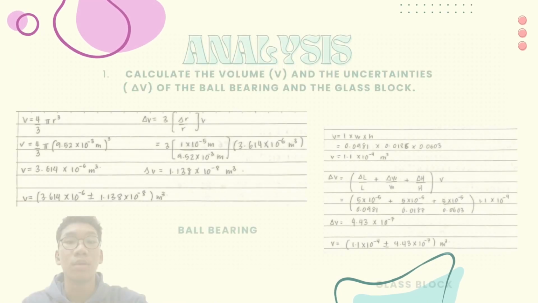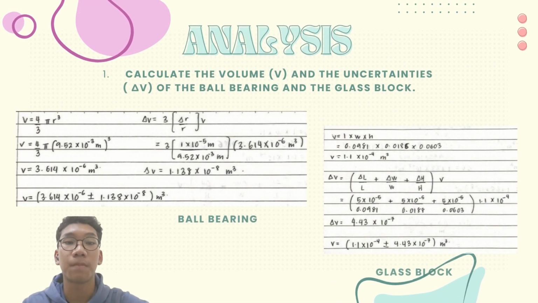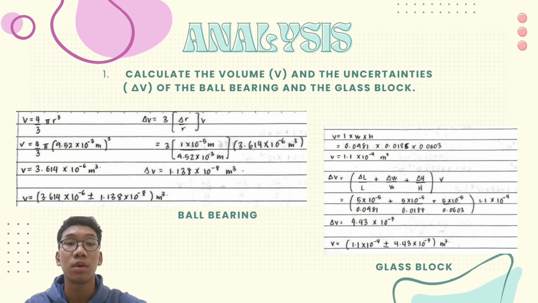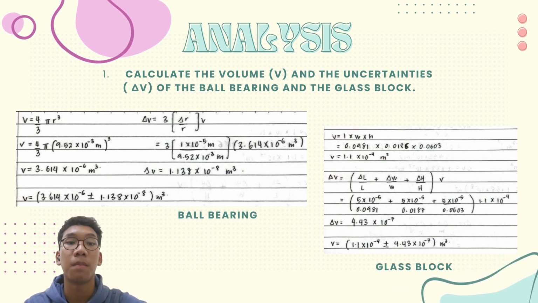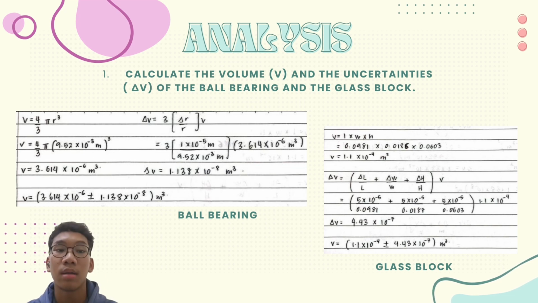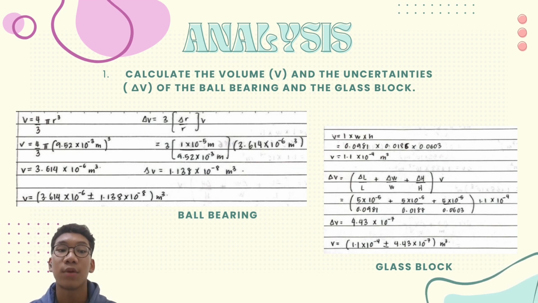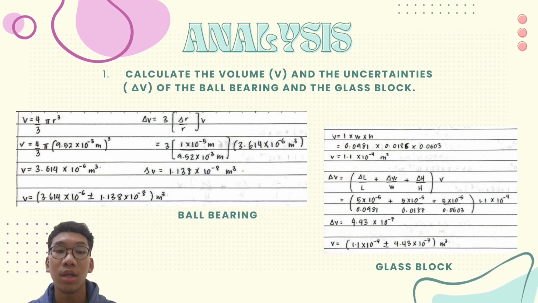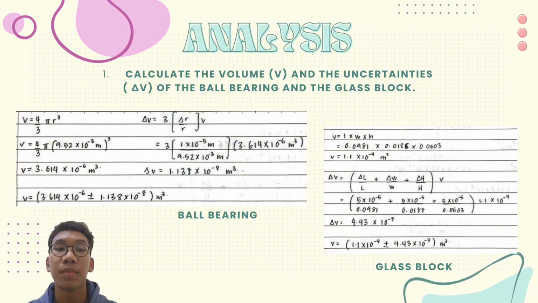To find the volume of the glass block, we use the formula, which is length multiplied with width multiplied with height, and our uncertainty for the glass block will be delta V equals 4.43 times 10 to the power of negative 7.